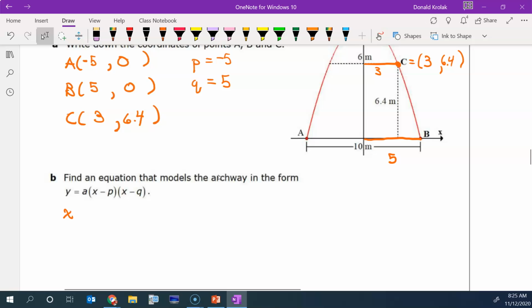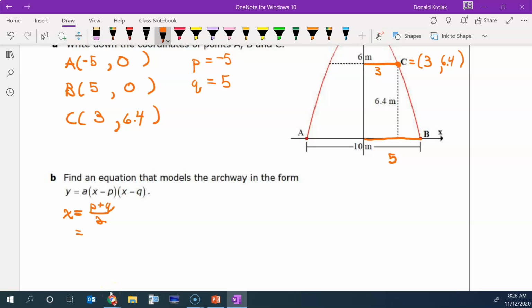So the axis of symmetry is going to be P plus Q divided by 2, which is going to be 0. Which makes sense.